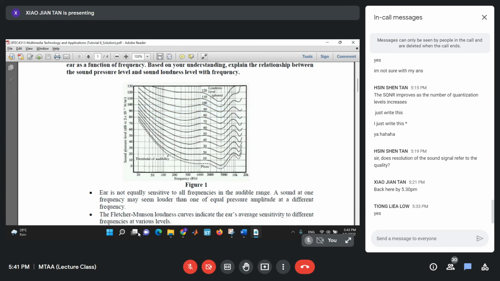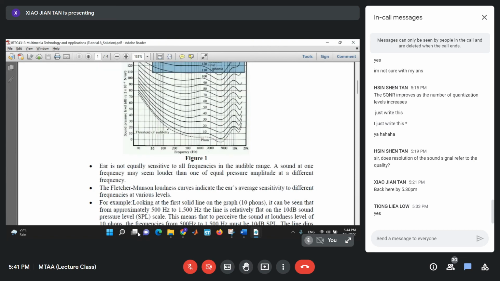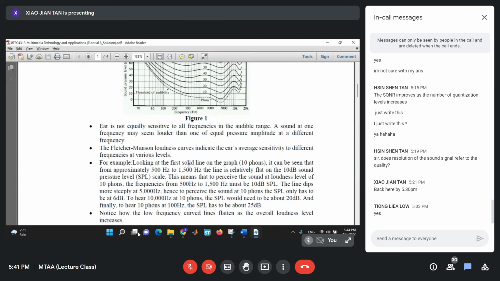But when you pull out this Fletcher-Munson curve to a fixed interval, the line on top of it would most likely look like flat lines. So for example, looking at the first solid line in the graph, 10 phons, which is this one, it can be seen that from approximately 500 Hz to 1.5 kHz the line is relatively flat at 10 dB sound pressure level, SPL.